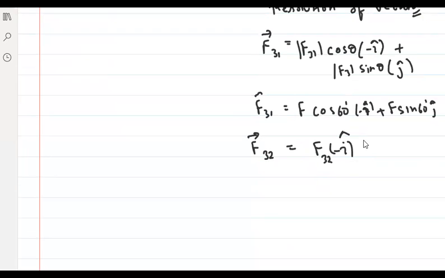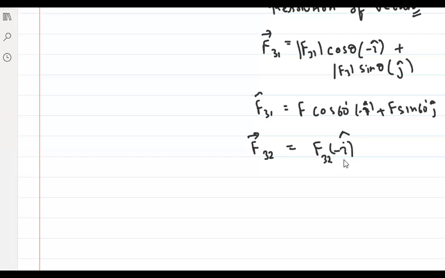Now, why am I breaking down into components? Because it is easy to add vectors in their component form. I hope all of you remember this from vectors, that it is easy to add the vectors in their component form. You can just add x and x, y and y.